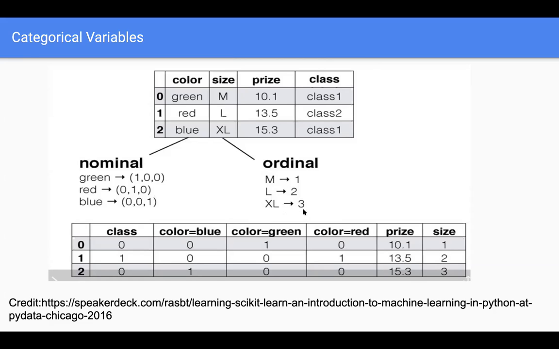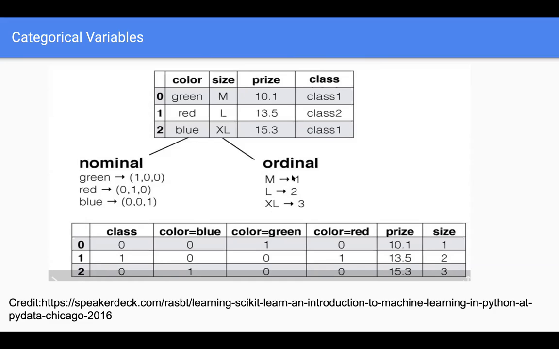The difference between these two, nominal and ordinal, is that in nominal representation, there is no weightage associated with any of these values. There is no relation like whether green is more than red or blue has more weightage than red. Whereas in ordinal, you do have a relationship: M, the medium, is less than L and XL. So there is some relation associated with this.